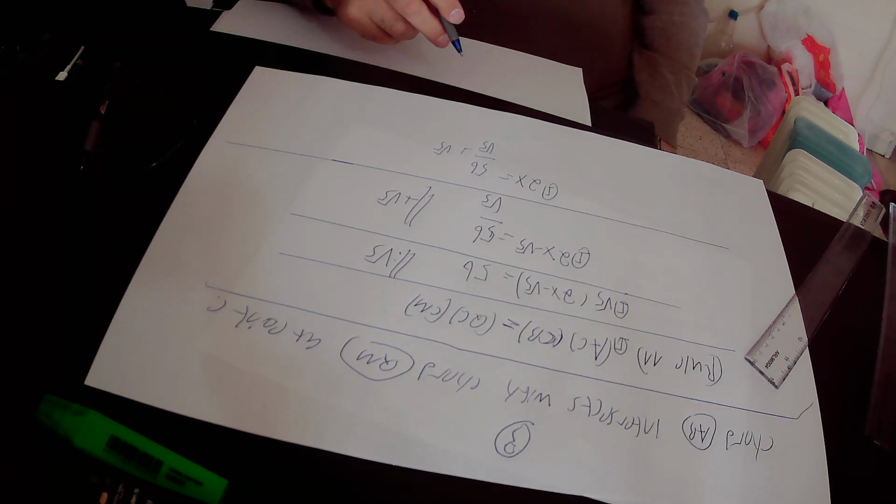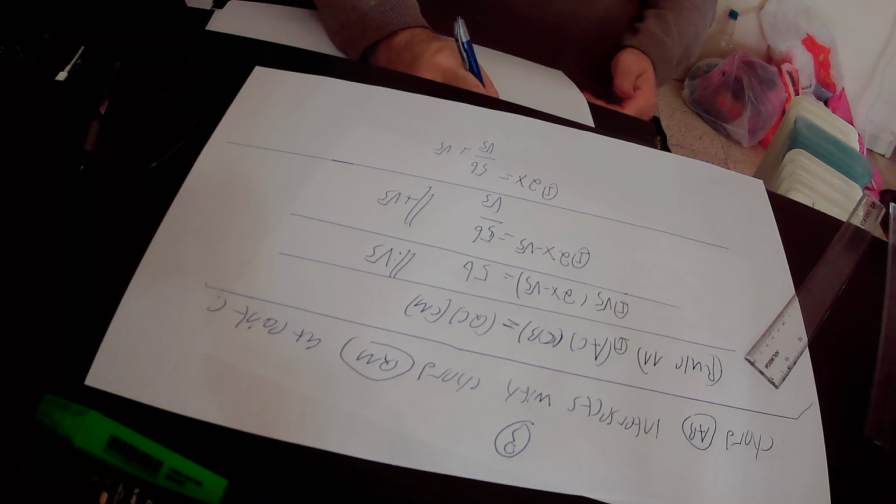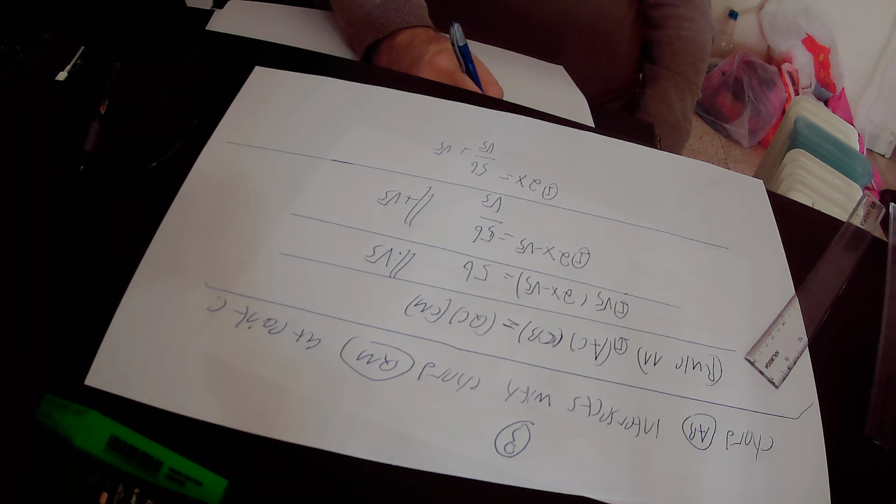We get that 2x equals 5b over square root of 5 plus, we'll multiply square root of 5 by square root of 5, and then we divide it by square root of 5, so we change nothing.